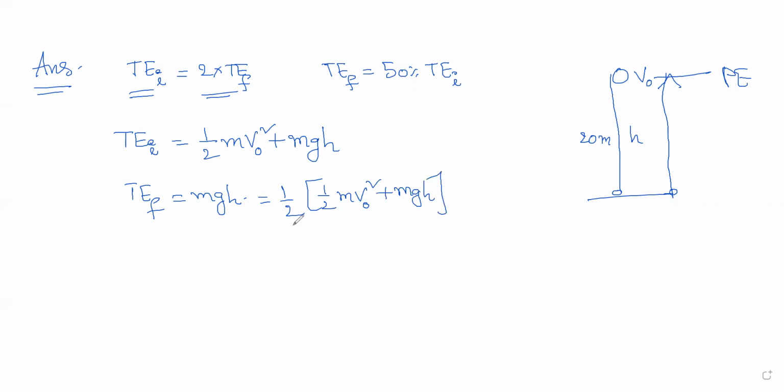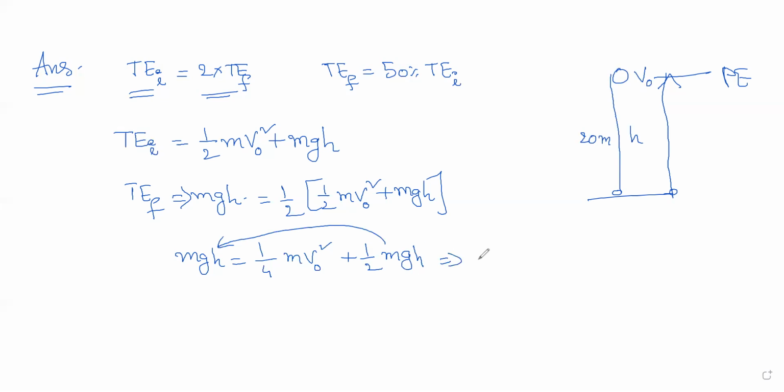Don't substitute the numbers, just wait. We'll get the equation: mgh is equal to half into half, that is 1/4 m v naught square, plus half mgh. Take the half mgh to this side.